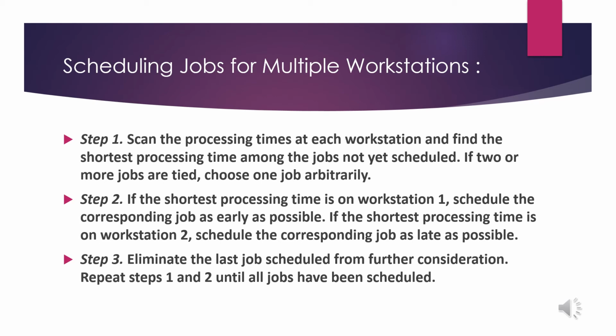But if the shortest processing time is on workstation 2, schedule the corresponding job as late as possible. Understand this part very carefully. If the shortest processing time is at workstation 1, we schedule that job as early as possible. But if it is on workstation 2, we schedule that job as late as possible.